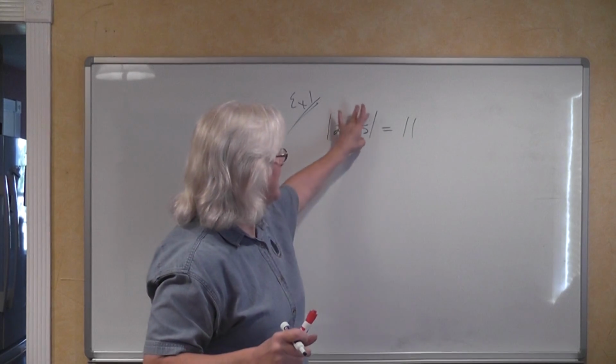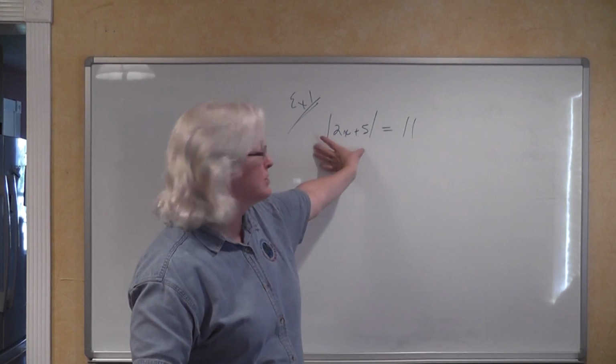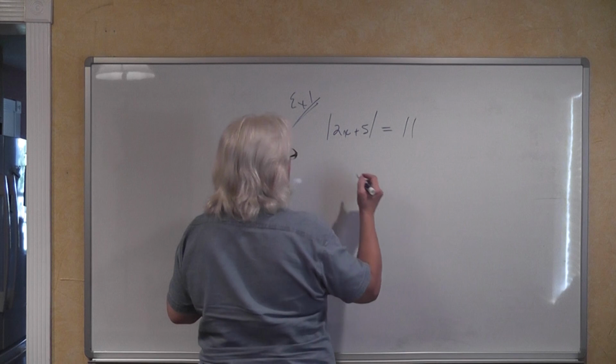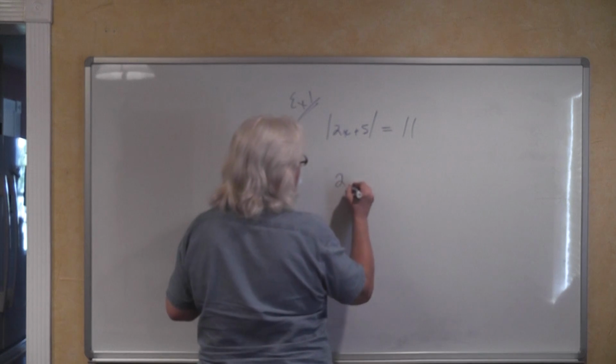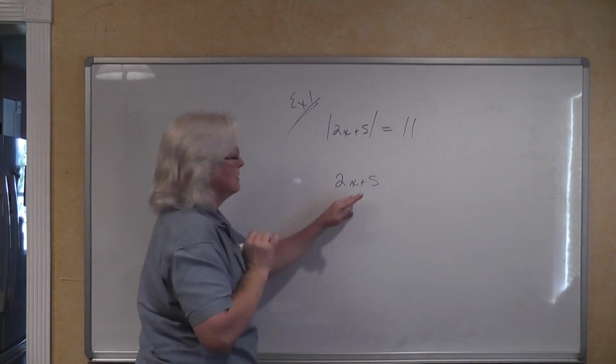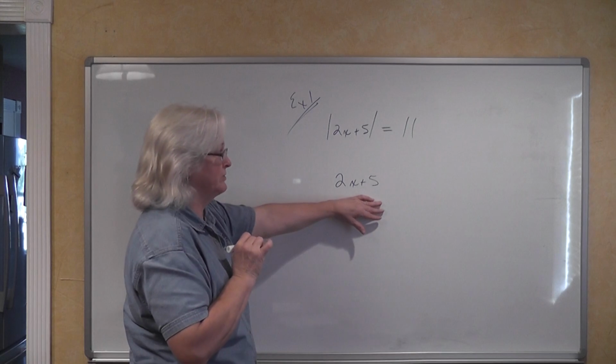They're talking about everything that is within the absolute value bars. You take whatever is inside the absolute value bars. That is what x is equal to.